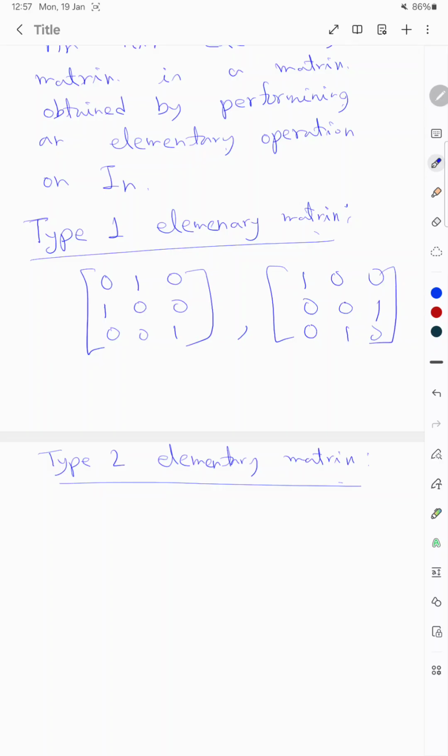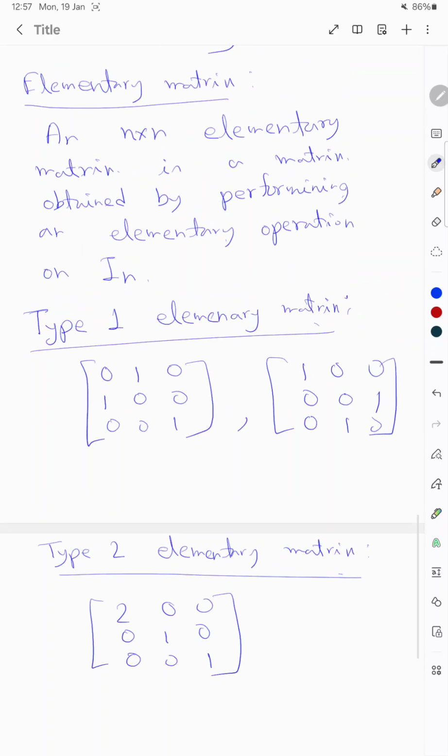For example, suppose you have the first row, you are multiplying with suppose 2. So 2 0 0, 0 1 0, 0 0 1. Okay, this type. There is another name also. This is what you have swapped, your first and second, right?